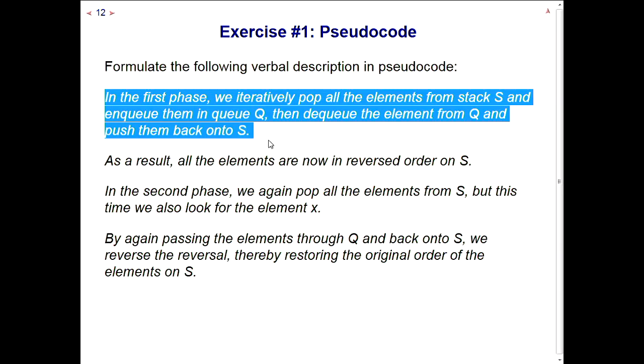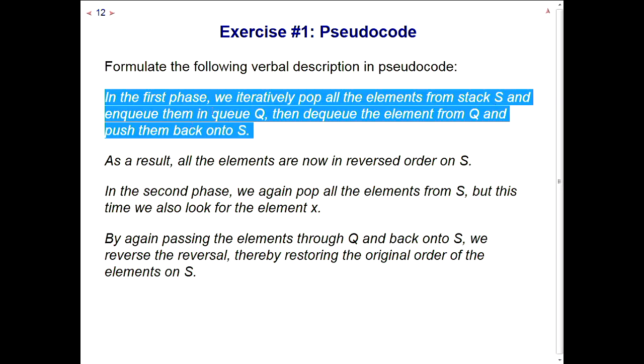You want to say what to do with the element that you pop from the stack, that this is the one that you enqueue in the queue. So you would say something like: pop E of stack S and enqueue E into Q.